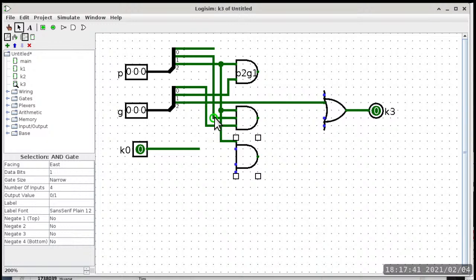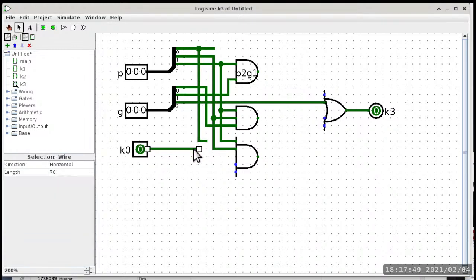We got P1. We need P0. All the way from here. And I have to be careful because I don't want this to interfere. Alright, so we can take it here, like that. And then we have K0 finally going into the last input of the 4 input AND gate.